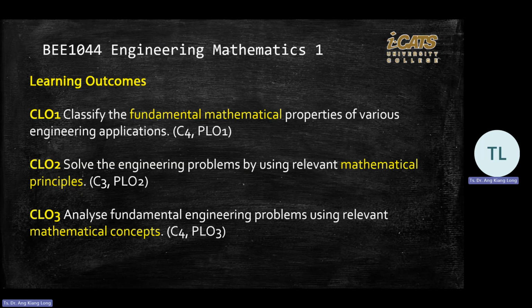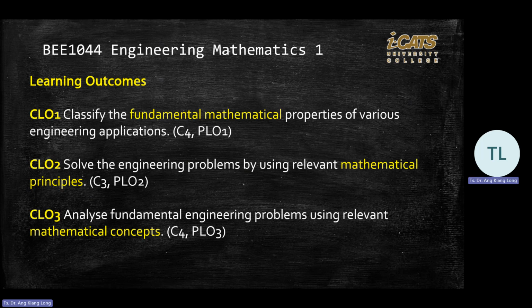This CLO3 is important. Why it is important is it also tells you how we set the question in the exam. CLO1 means sometimes we will ask about the fundamentals of mathematics, the steps, because mathematics is all about steps. Step 1 you do what, step 2 you do what, and so on.